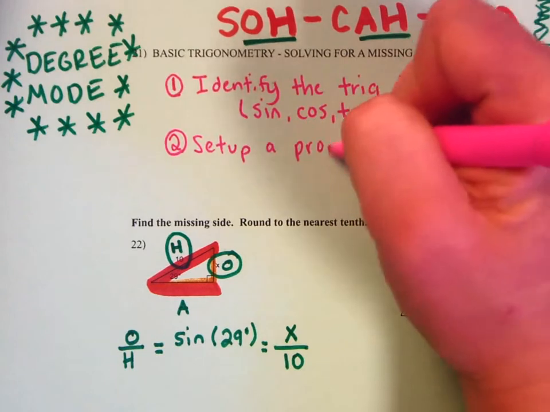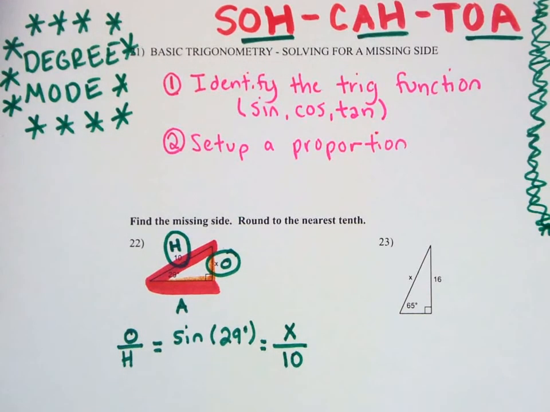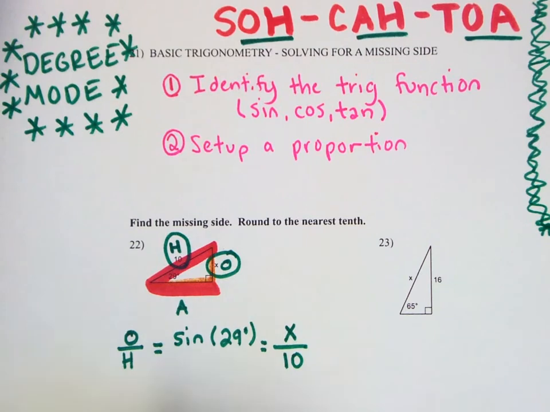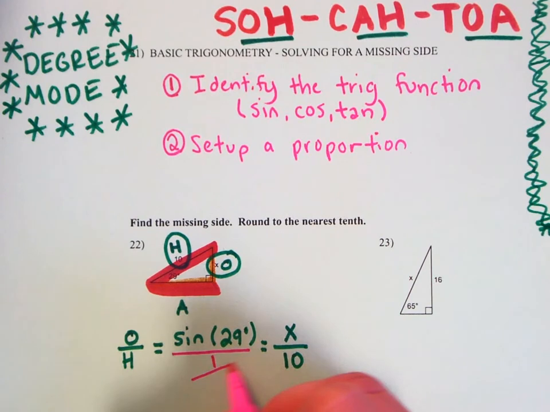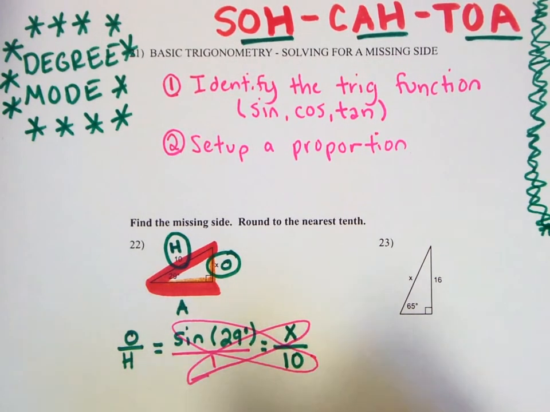A proportion. In order to make this a proportion, we need to make this a fraction because a proportion is two fractions that equal one another. So I can put this over what? 1, because anything divided by 1 is itself. So we don't change the value.